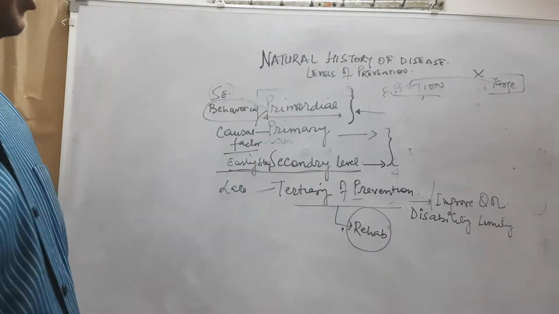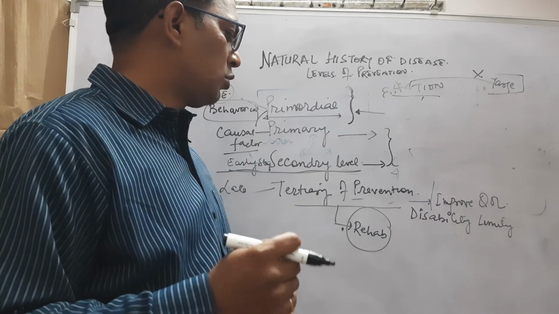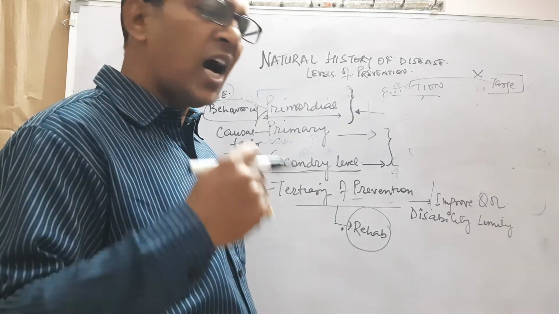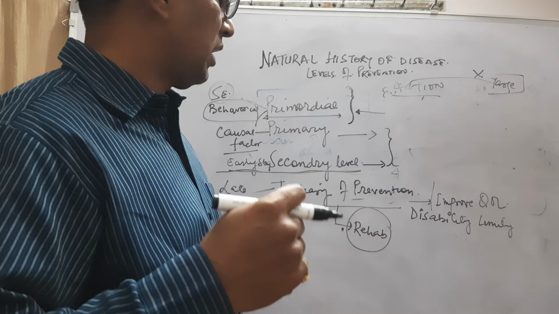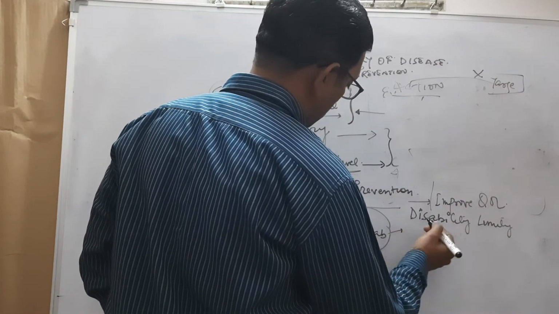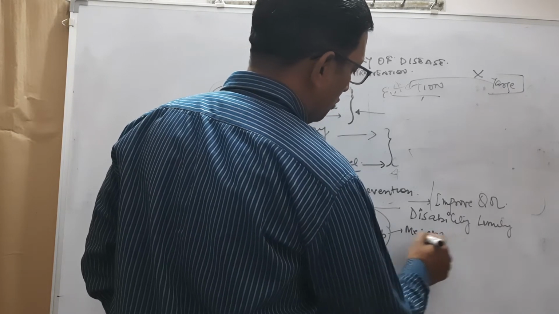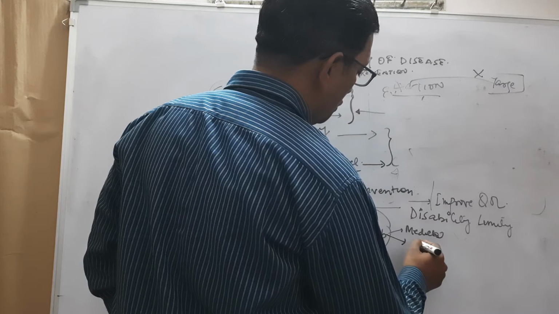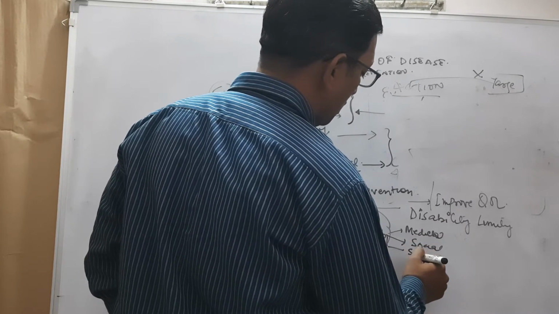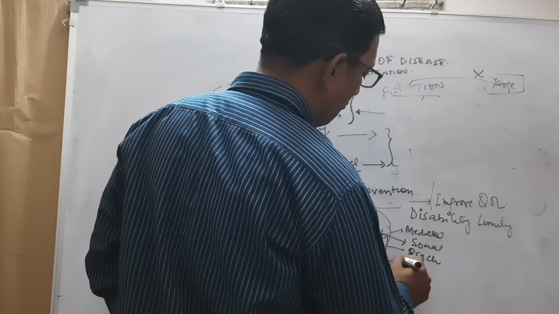Now rehabilitation is training and retraining the person to an extent where he can have the highest level of functional ability. So rehabilitation could be medical rehabilitation. You could have social rehabilitation. You could have psychological and you have vocational.